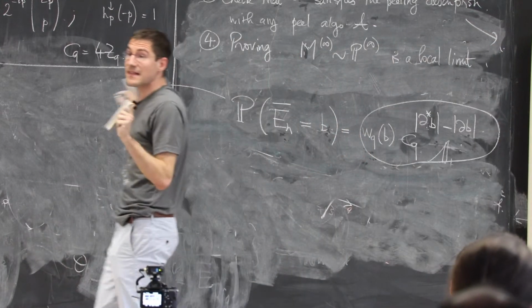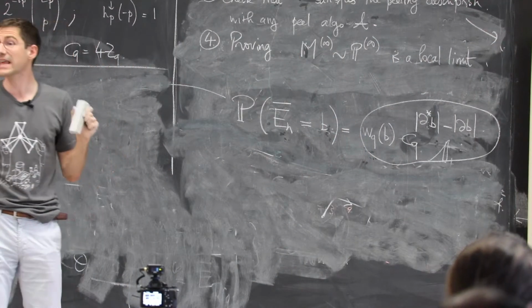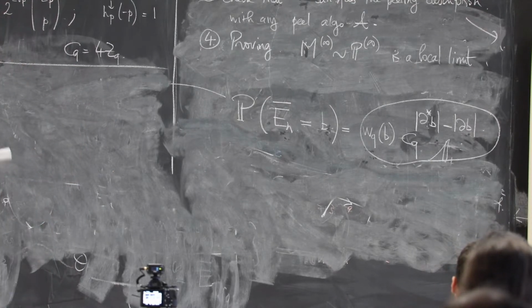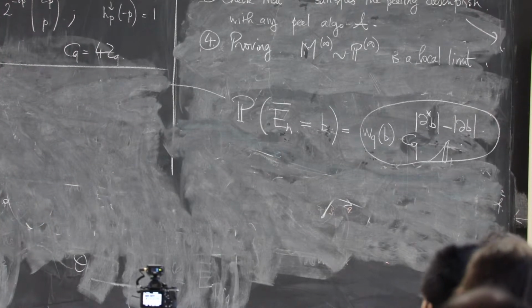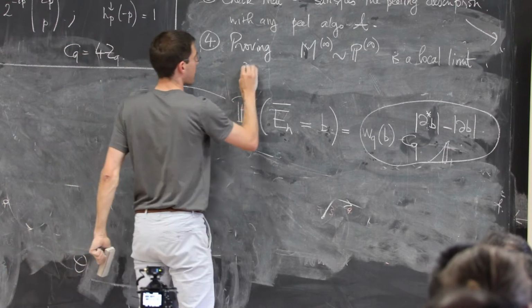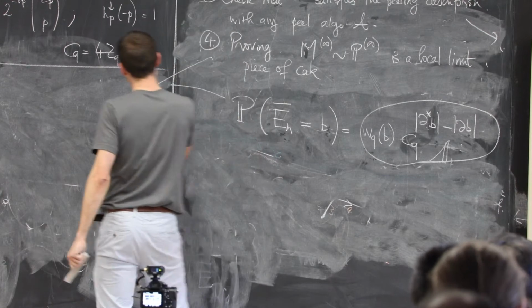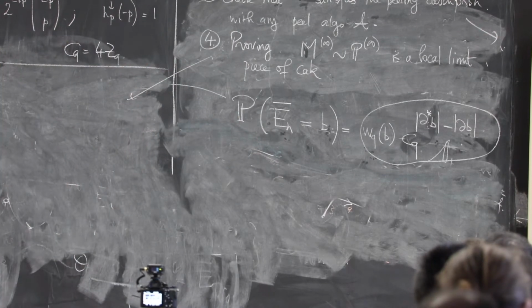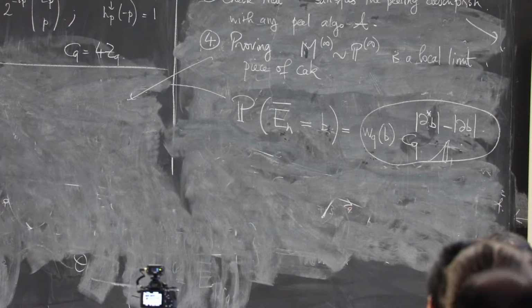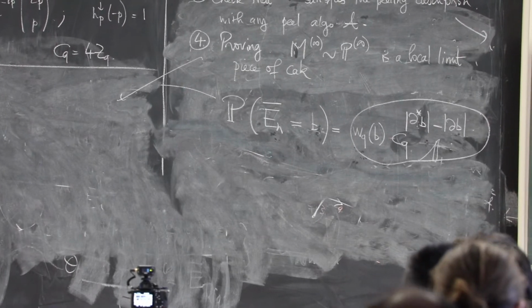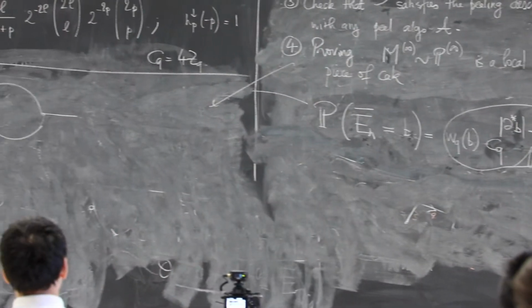And I claim that this is a piece of cake. Really a piece of cake. Why? And let me tell you why. So fix some map. Again, there are notational issues there, but let me ignore them.